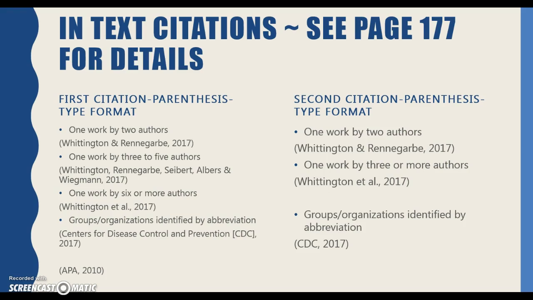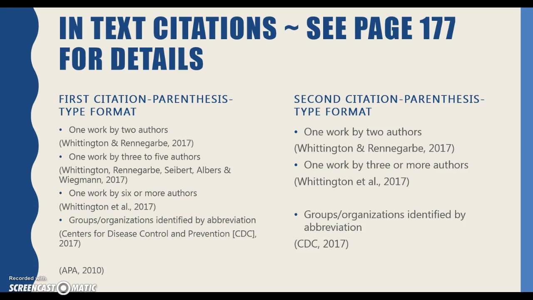So when we're looking at providing citations within our documents, if there's one work by 2 authors, you include both authors all the time. If there's 1 to 5 authors, you always list all authors the first time.